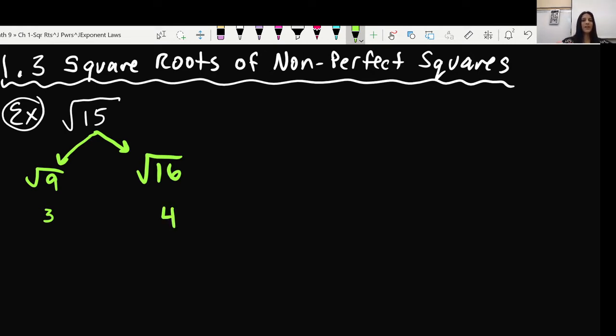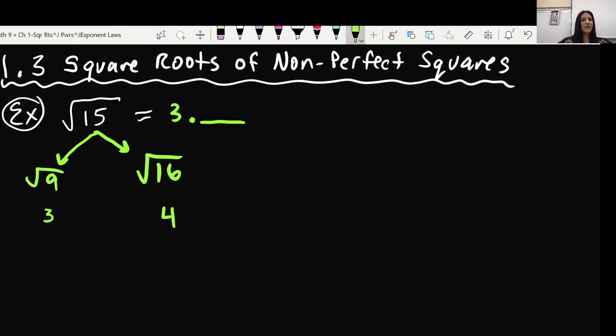So I look at this and think, okay, when I go to give my answer here, it's going to be somewhere in between 3 and 4. So I know it's going to be 3 point something, and I'm going to put a line there to represent the something. To determine which decimal place or what value I should put in here, I sort of approximate.